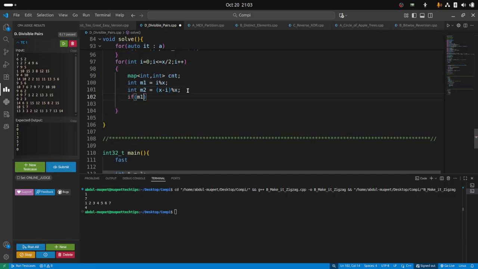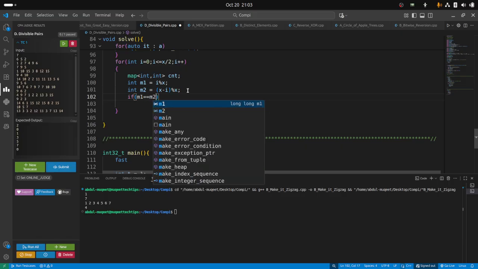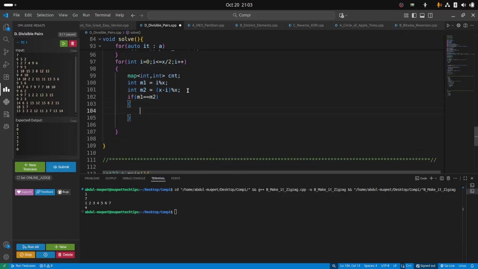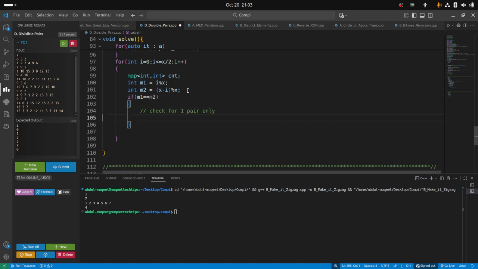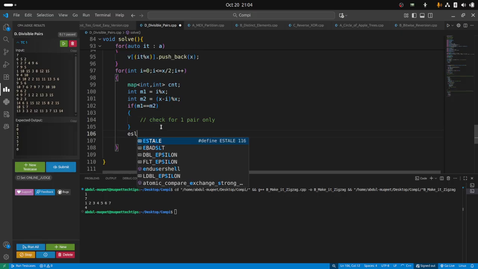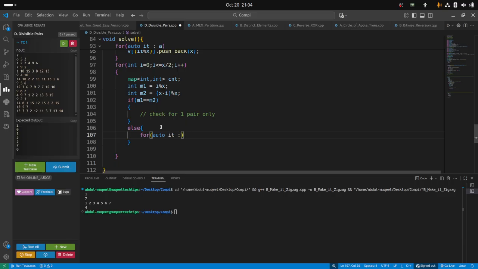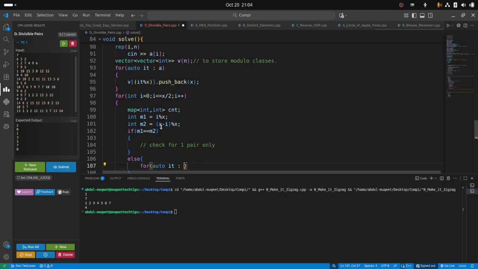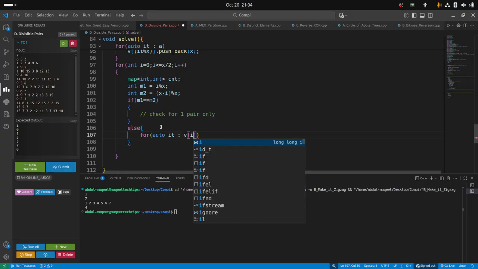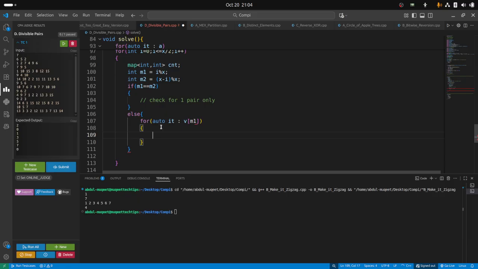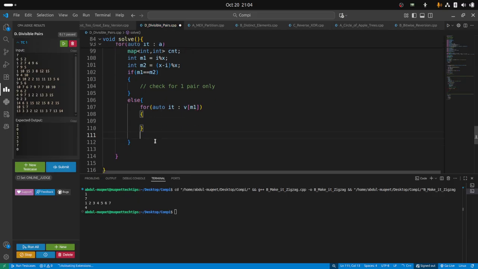Now, what we are doing is, if M1 is equal to M2, in this case, check for one pair only, else for auto IT is equal to V of M1, and then for auto IT is equal to V of M2.